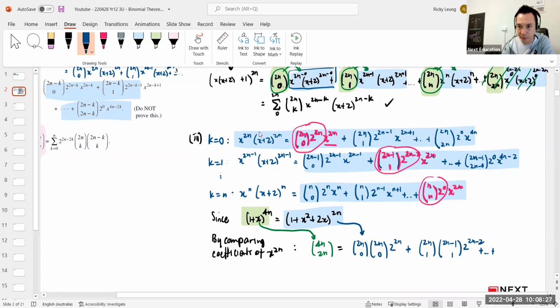Now, I know my last one is 2n choose n times n. Now, let's see if that works. When k is n, that's 2n choose n, yes. And 2n, yes, perfect. And then 2 to the power of 0, which also works because 2n minus 2n is perfect, right?